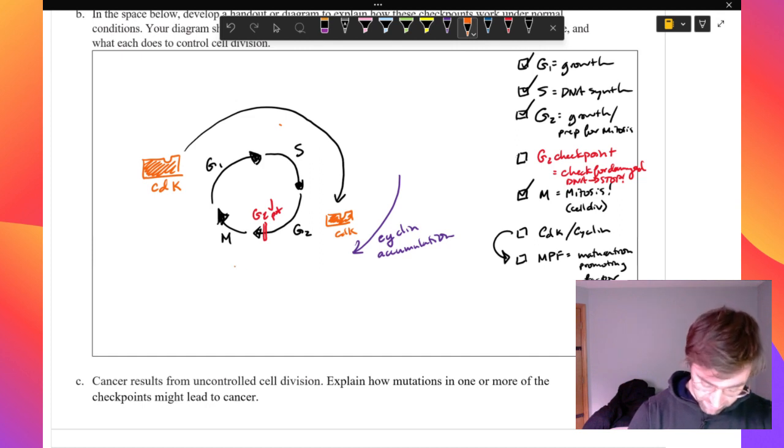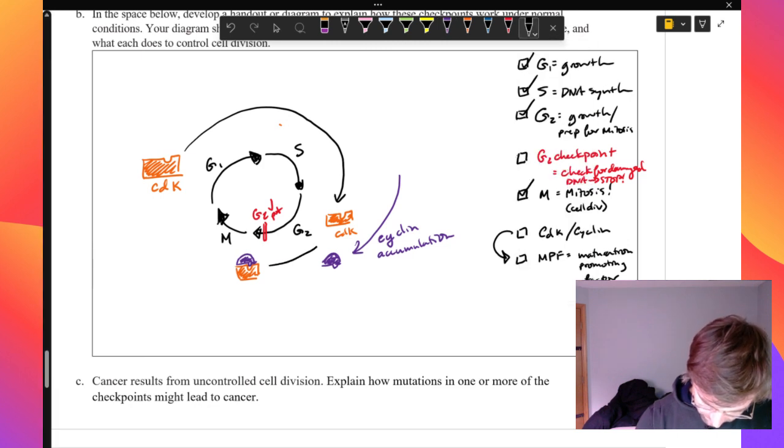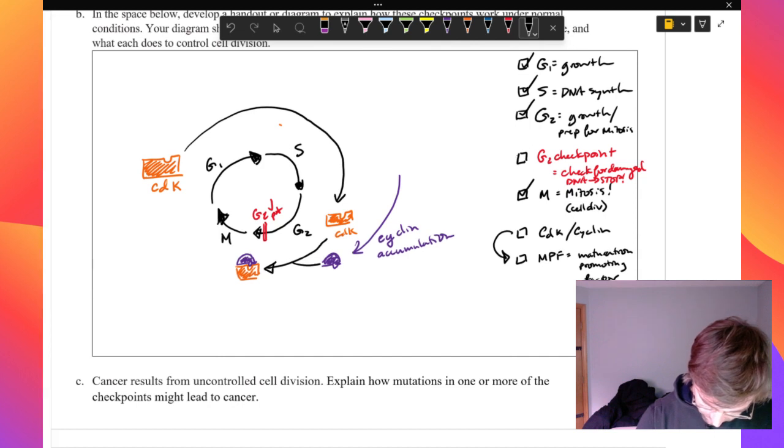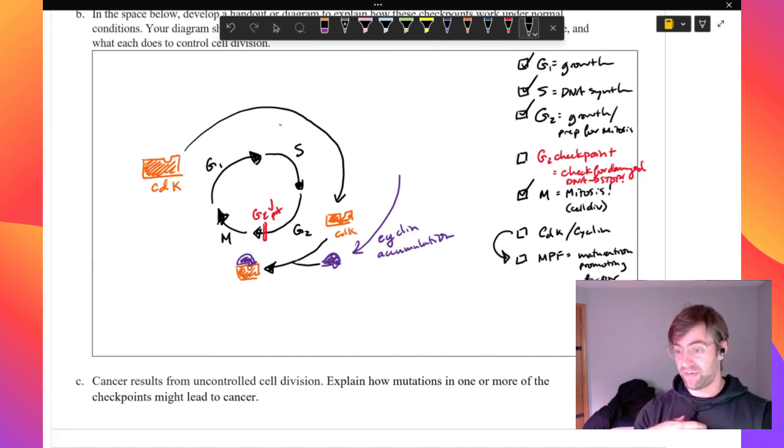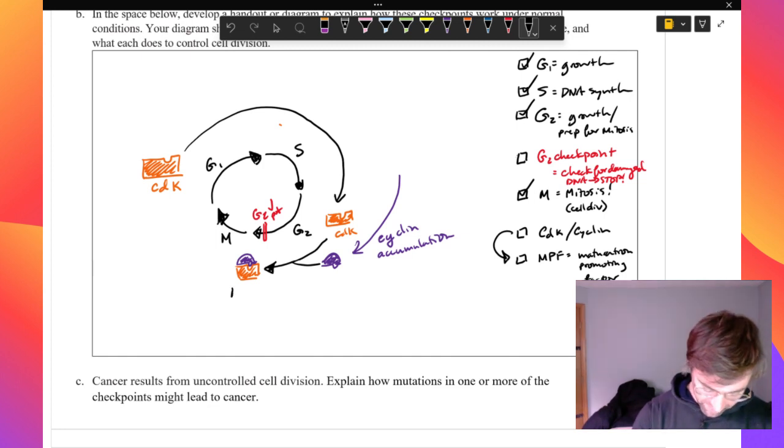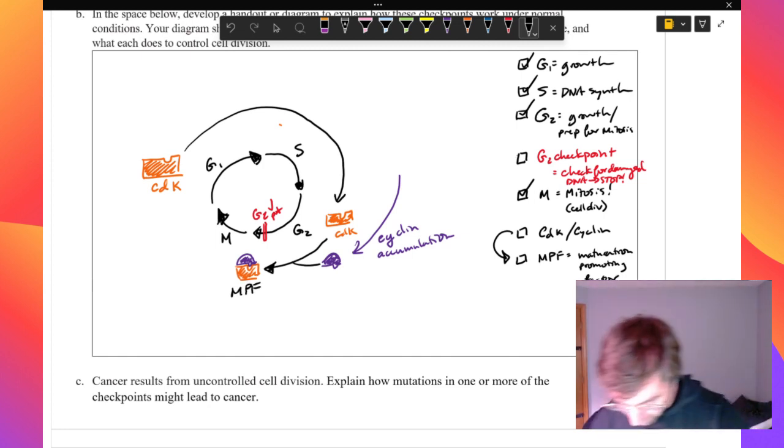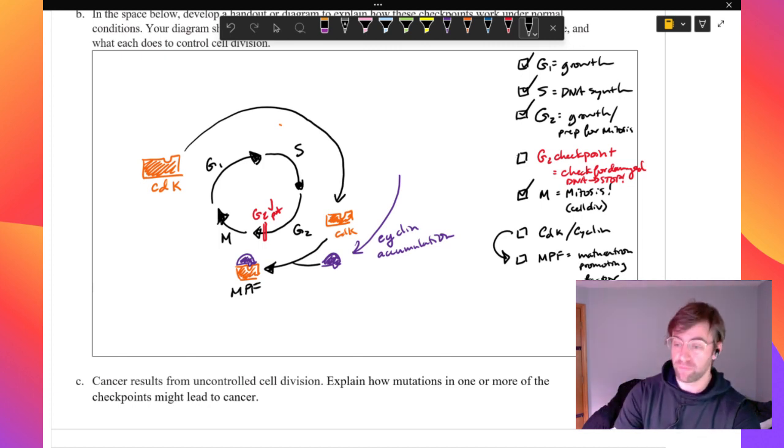In mitosis, that cyclin-dependent kinase and cyclin with its corresponding pieces come together to form their active MPF, or maturation promoting factor.